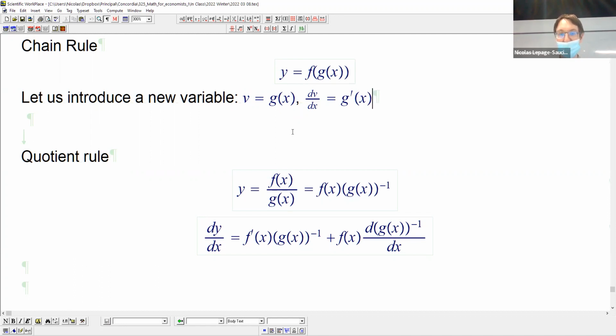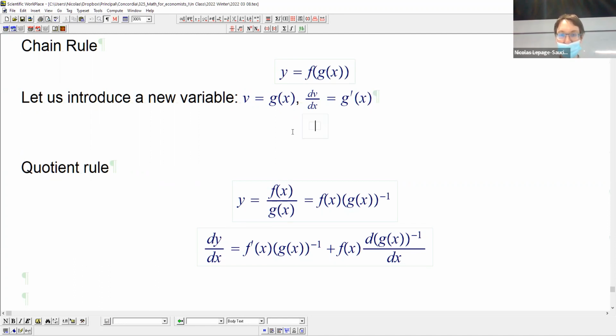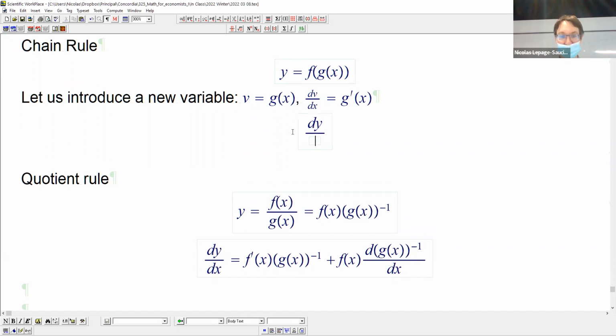So then what I'm looking for is this. So dy dx is going to be equal to dy dx times dv dv. So that's 1.